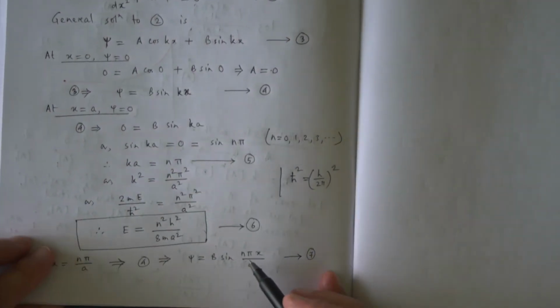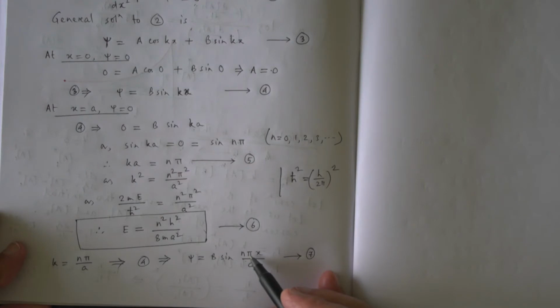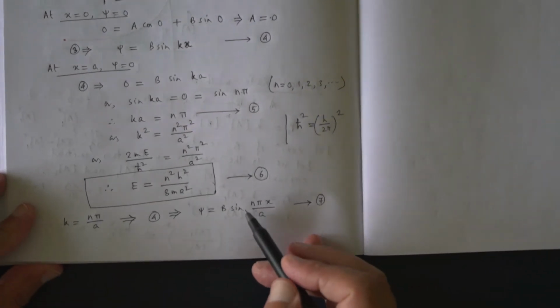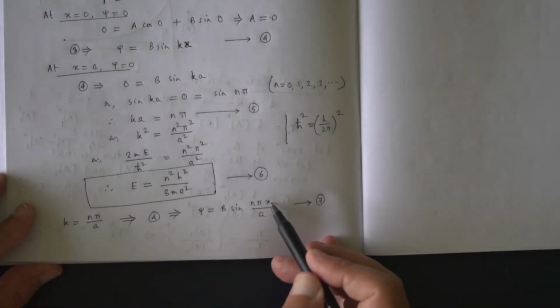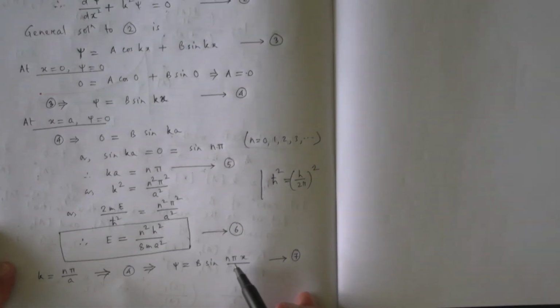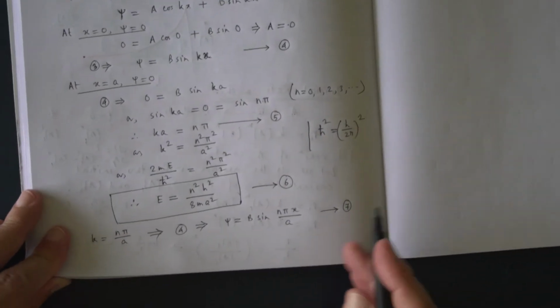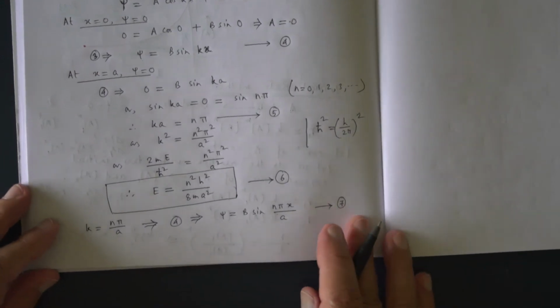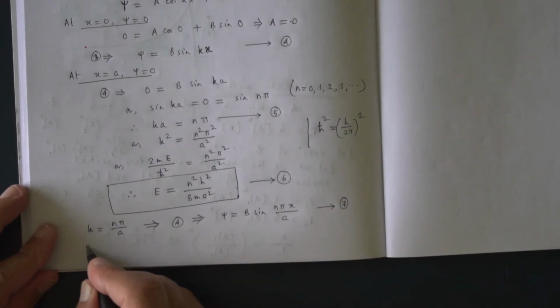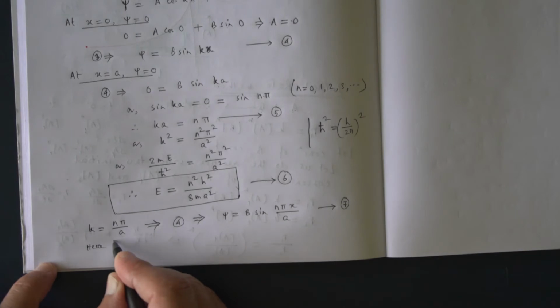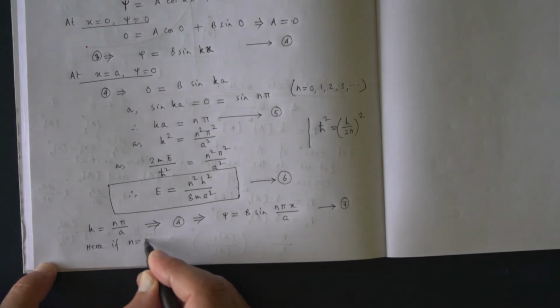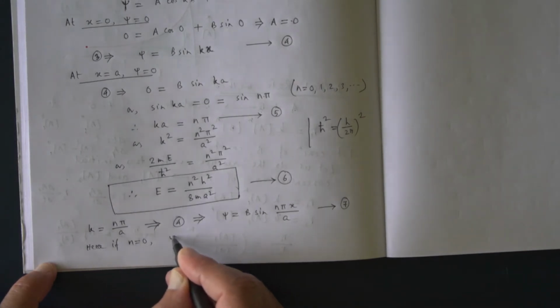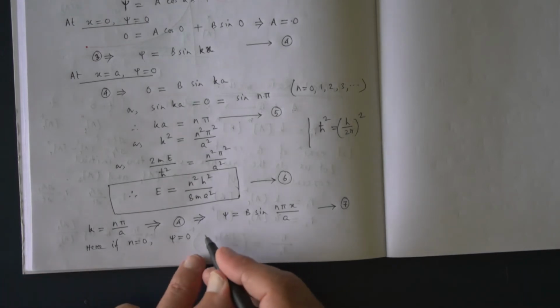If n is 1, 2, 3, etc., there is no problem. But if n is 0, there is a problem. If n is 0, then psi becomes 0, which is impossible.